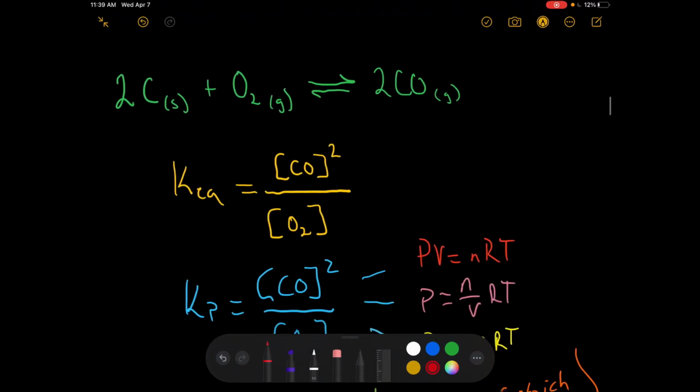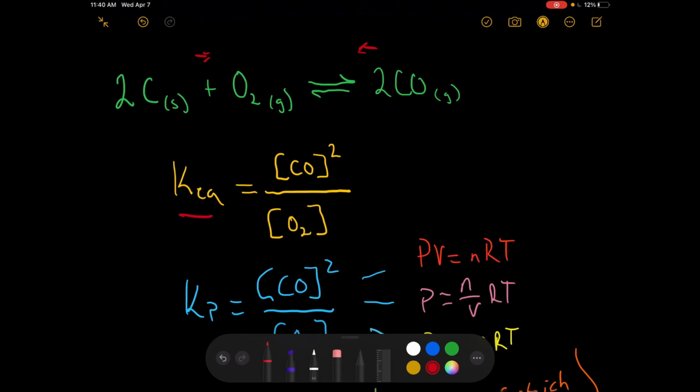So let's keep going. What I have here is one of my favorite chemical reactions: 2 C solid plus O2 gas yields, in equilibrium, meaning the rates of the forward and backward reaction are stable and the concentrations are no longer changing, 2 CO gas.